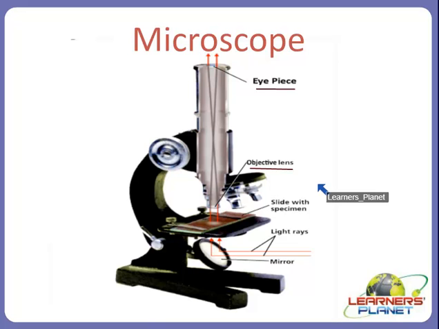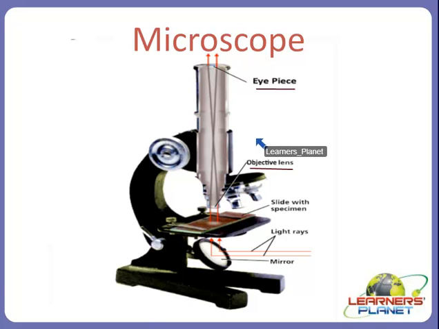Similarly, 100x can magnify the image up to 100 times. So these are the specific functions of the objective lens. In a microscope, the most important magnification function is performed by the objective lens, and the observation is done from the eyepiece.